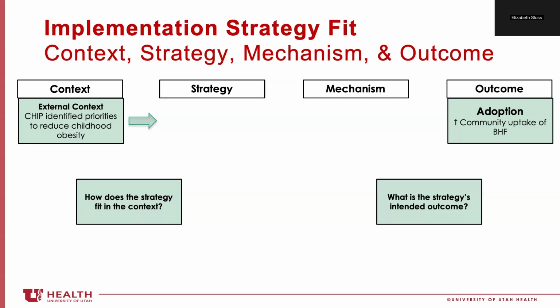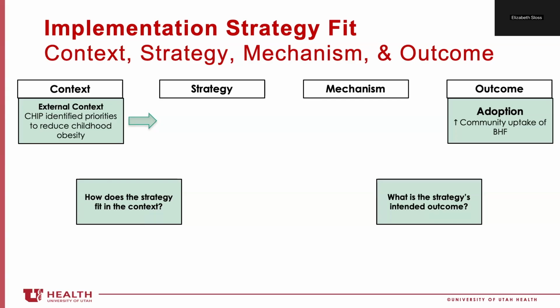So we're trying to get an evidence-based intervention adopted in an area where it matches with priority, right? In that case, we don't necessarily need to be trying to change the priorities in communities. We don't necessarily need to be changing the motivation of a community.